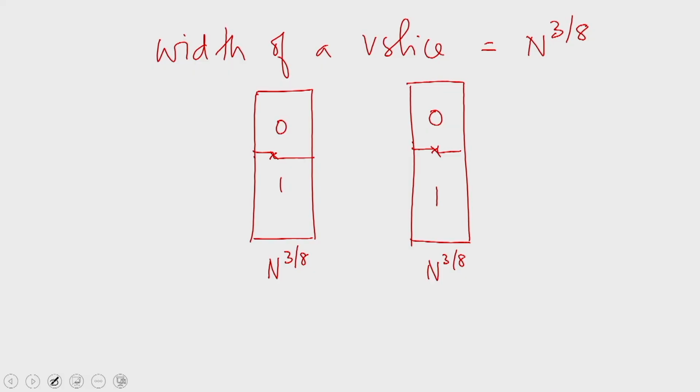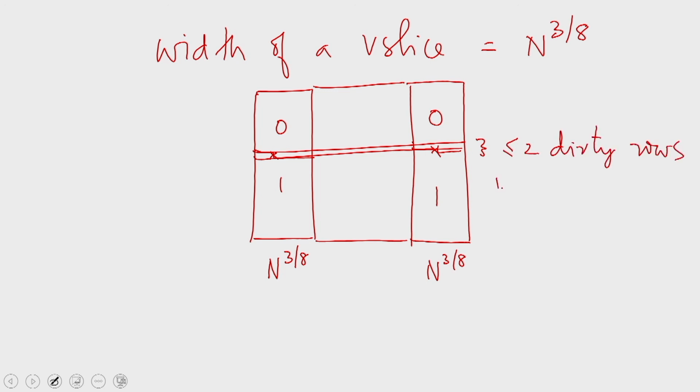Therefore, in the entire mesh, we now find that we have at most 2 dirty rows. Now the mesh looks almost sorted.